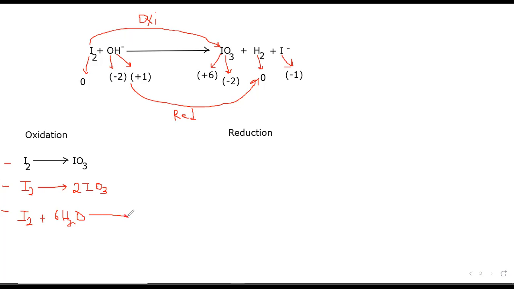Then that way is going to be 2 there, IO3. Okay, so oxygen has been balanced. Then on the opposite end, we're going to add the same number of hydrogen atoms. Okay, so we have like that.